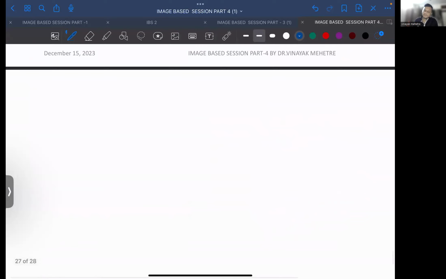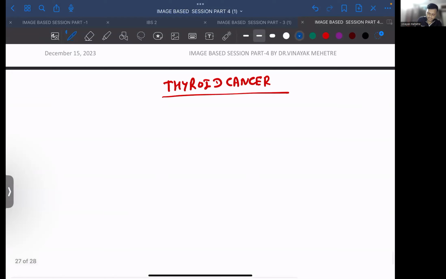Dystrophic calcification. It has been asked. Now, tell me, which is the most common cancer of thyroid and which has the best prognosis from thyroid cancer? Remember the types like this: papillary, right?